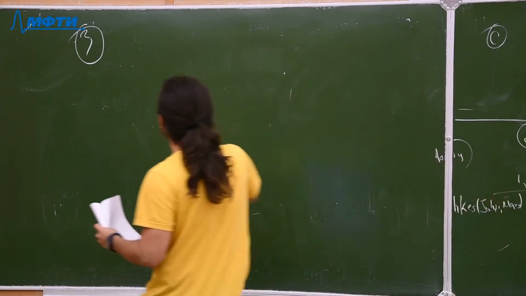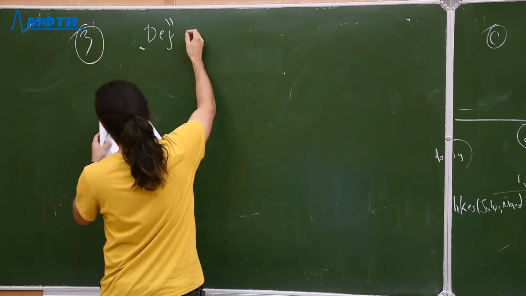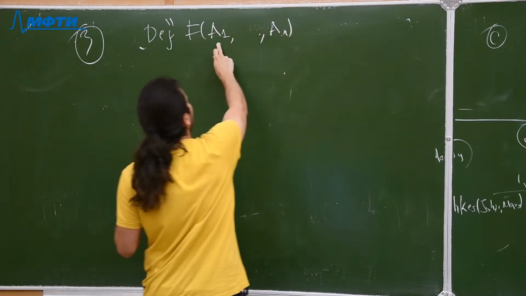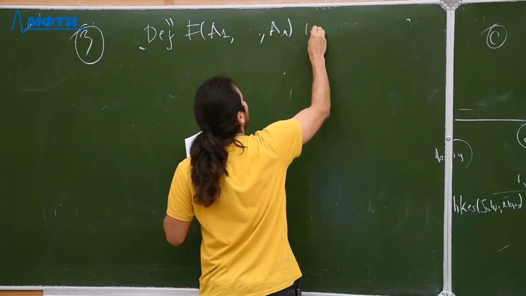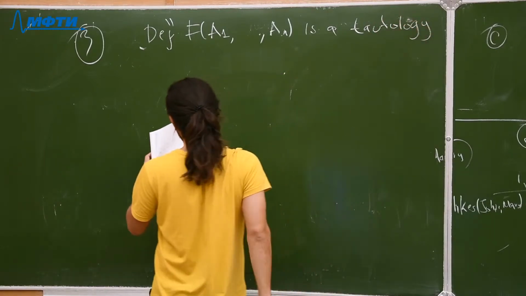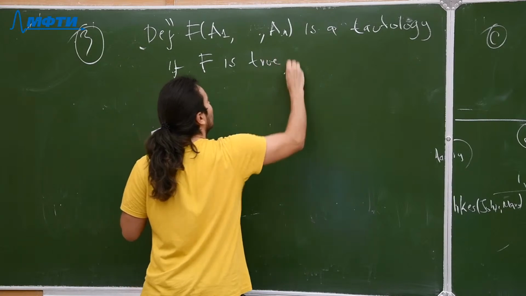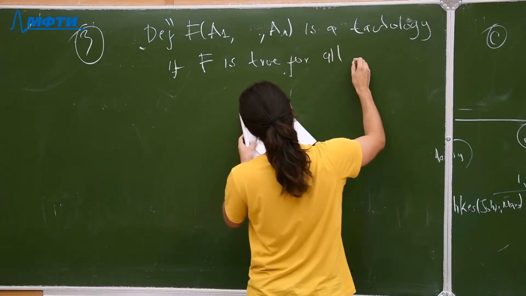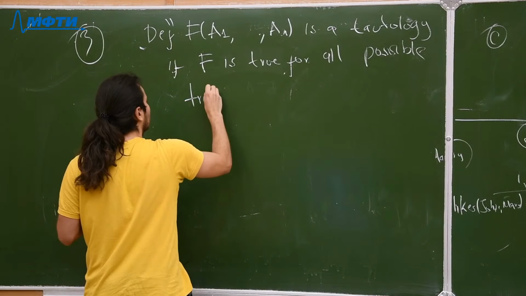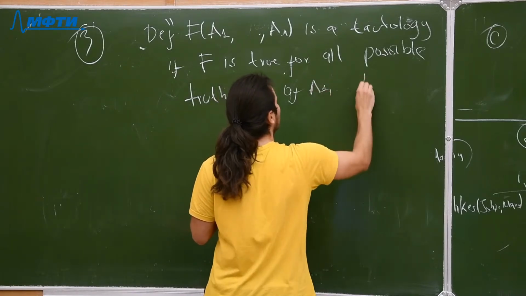So a tautology, let me remember. f of a1 ... a_n is a tautology if f is true for all possible truth values of a1 ... a_n.